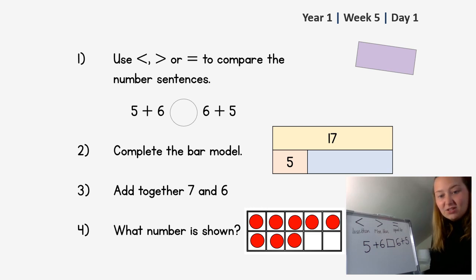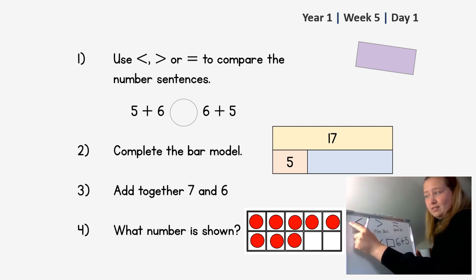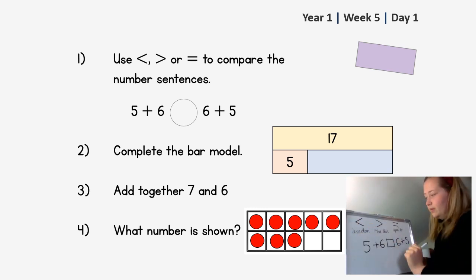Okay, so let's go through number 1 together. First of all, it says, use these signs to compare the number sentences. First of all, I needed to make sure I knew what each of those symbols meant. So I've written down this one, less than. This number is going to be less than this number.